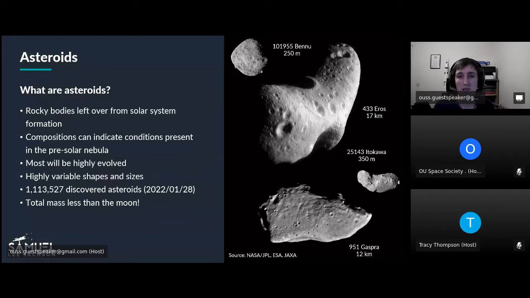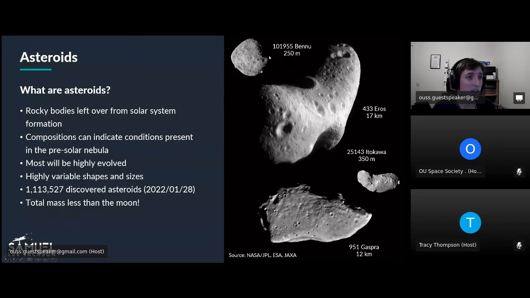However, most of these have evolved significantly due to impacts and space weathering over billions of years. So we need to understand how these objects have changed in order to interpret their characteristics in the context of the early solar system. And you can see the variation in shapes and sizes on the right-hand side.